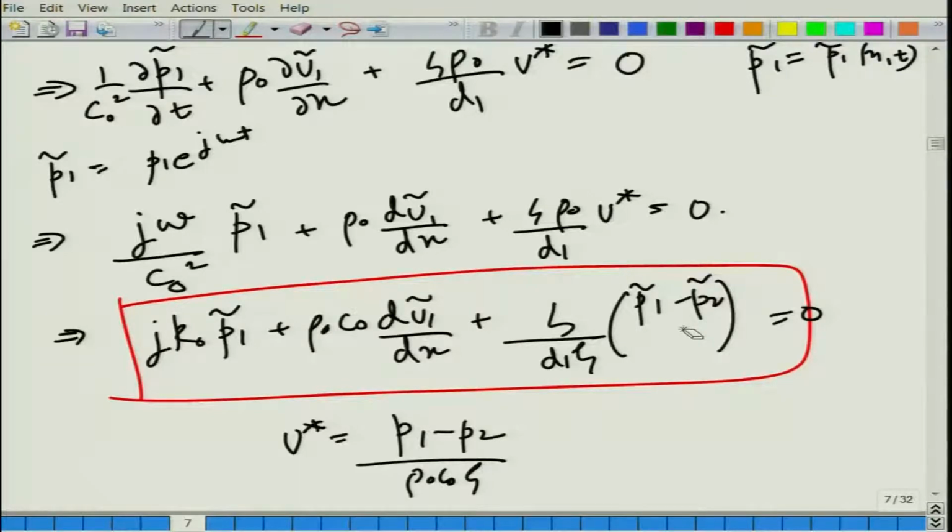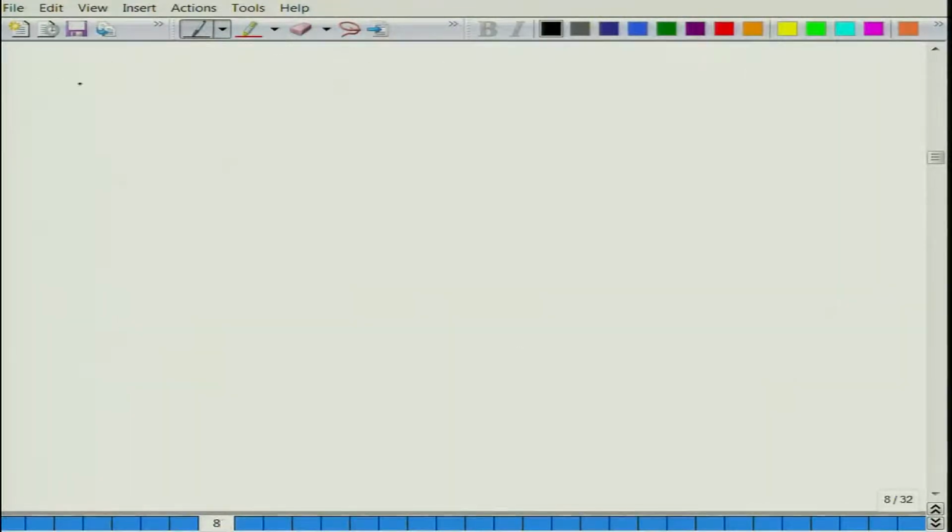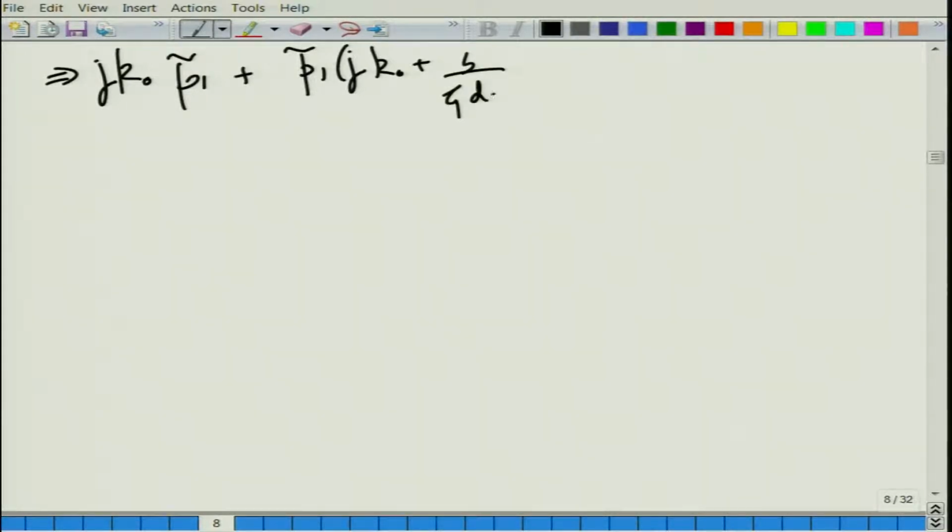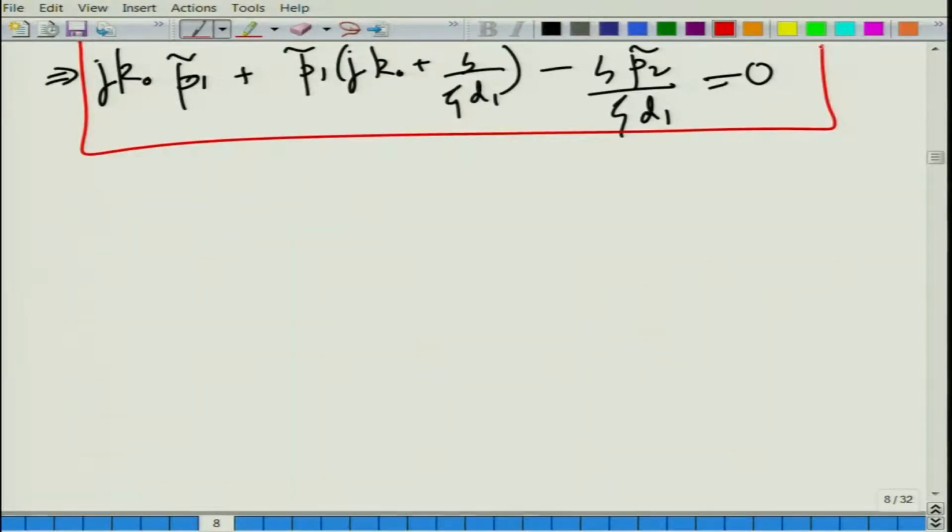Now, one can simplify this further, j k naught p 1 tilde plus, we can rearrange terms, j k naught plus 4 times zeta d 1 minus 4 by p 2 by zeta d 1 is equal to 0. Okay. So, we get this sort of a thing.